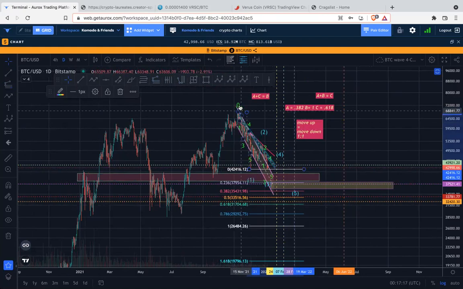Yeah, but because of the strength of the B wave potentially here on this macro ABC pattern, this B wave strength being higher than the beginning of the A wave, that means the C wave would probably not go so low.